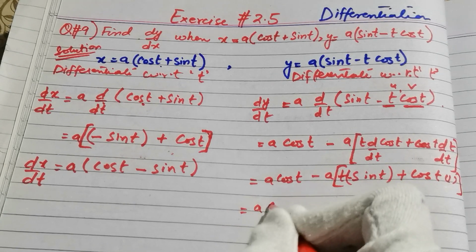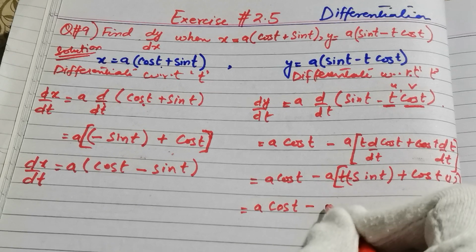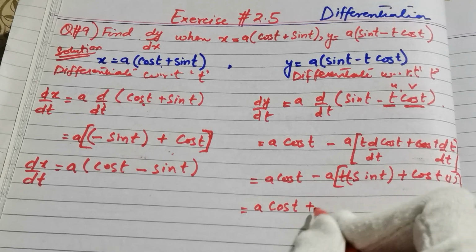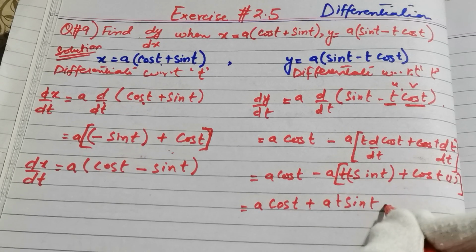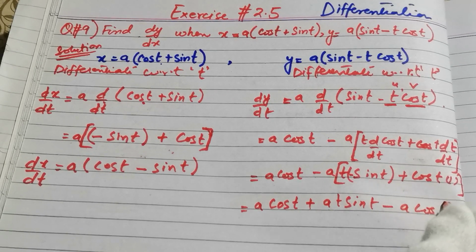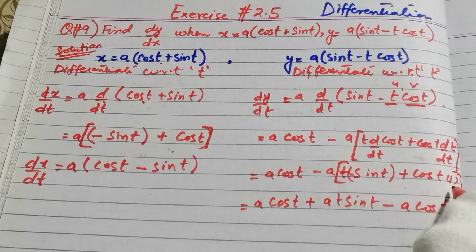So a cos t, minus into minus, plus a t sin t, minus a cos t into 1.